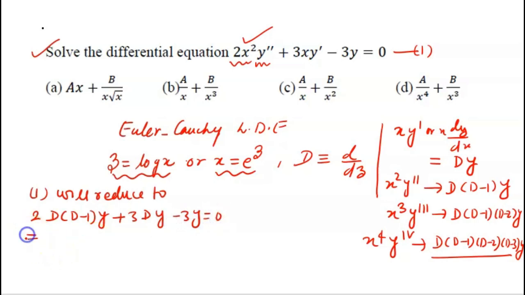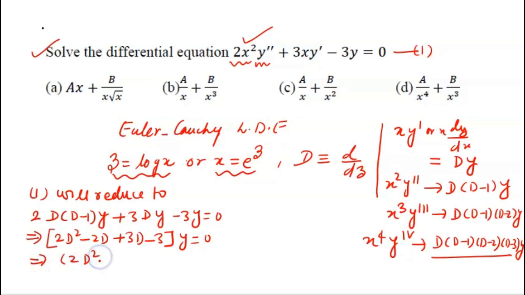So this will give me 2D into D, so 2D square minus 2D, and from here I will get plus 3D and minus 3y is equal to 0. So basically what we are getting is 2D square plus D minus 3 y is equal to 0. Actually it is factorizable here, but I am writing it just to explain so that you don't miss the process.